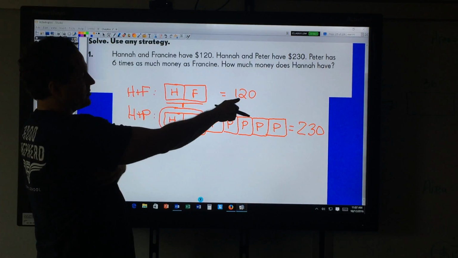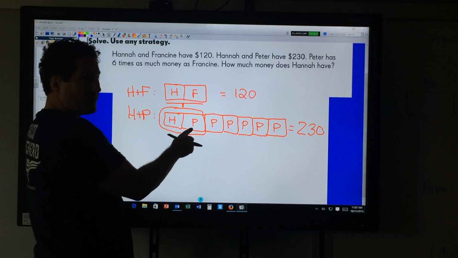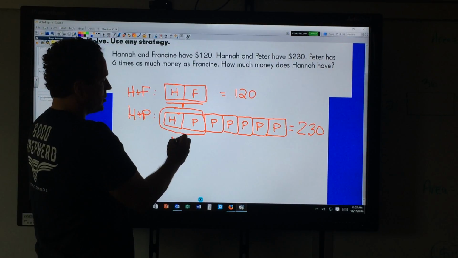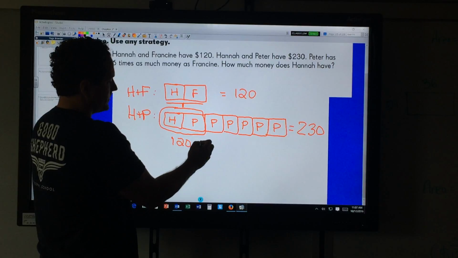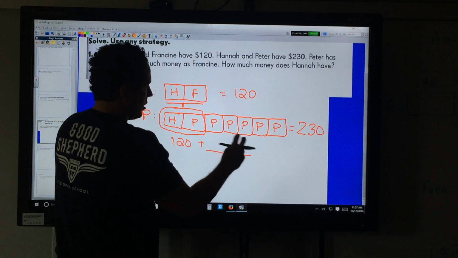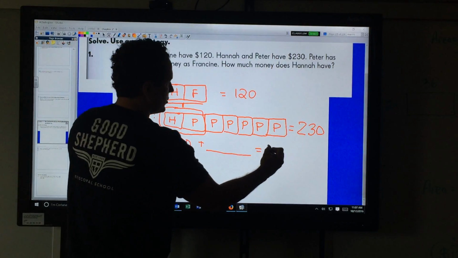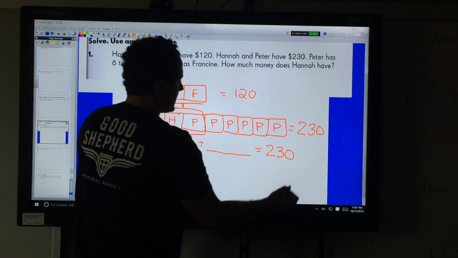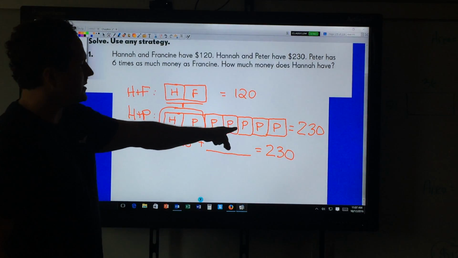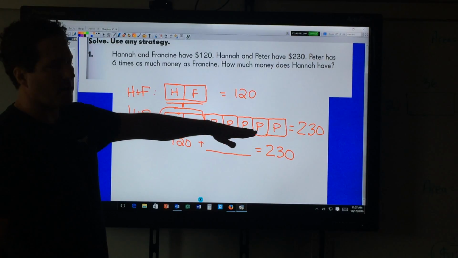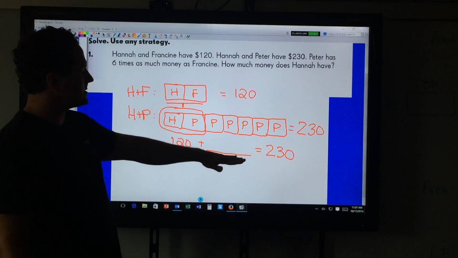Hannah and Francine have 120, which means Hannah and 1 of the Peter boxes is $120. Now I have to add all of this to get 230. So each of these 5 Peter boxes is going to be what's missing.